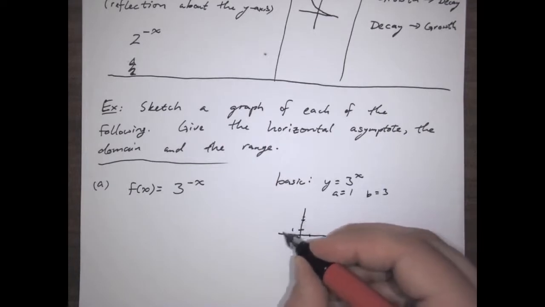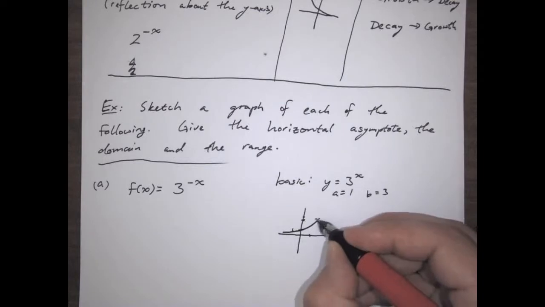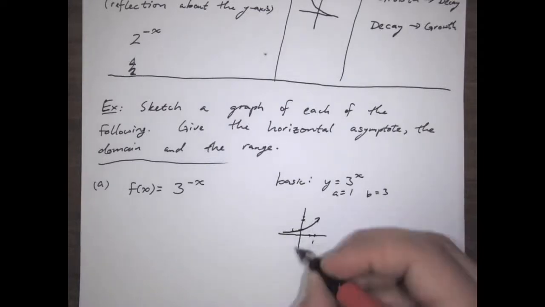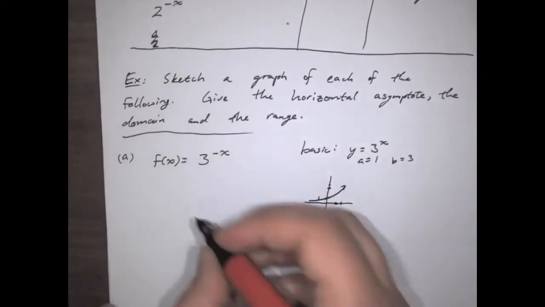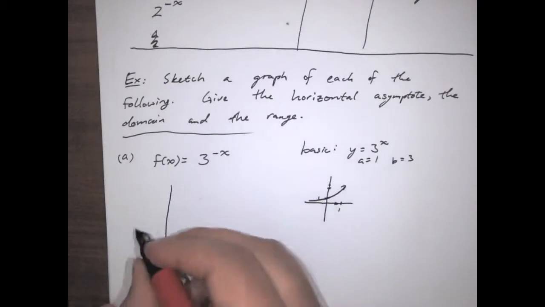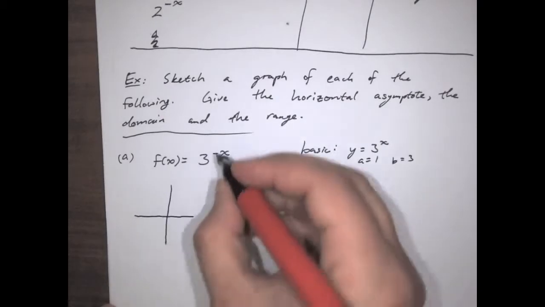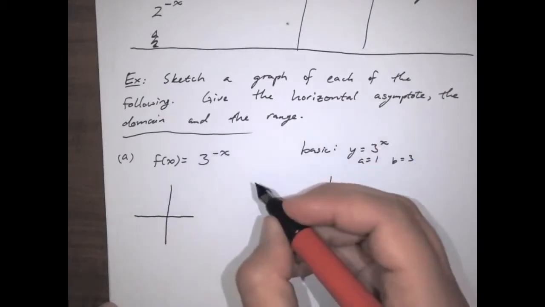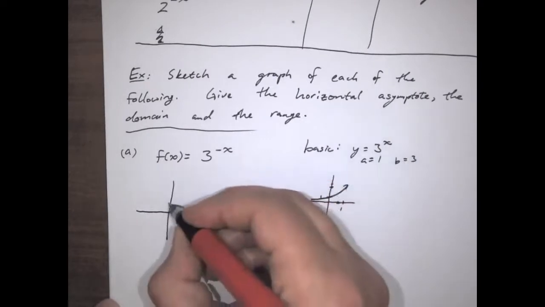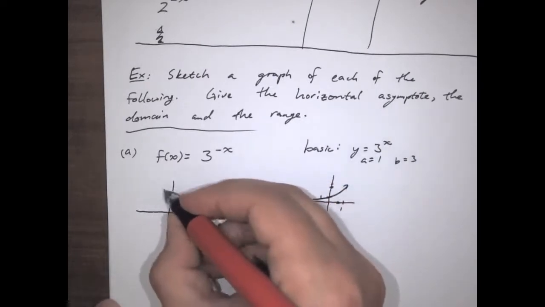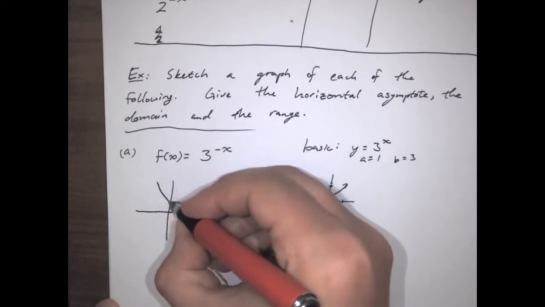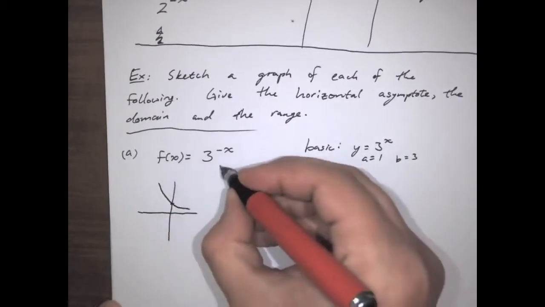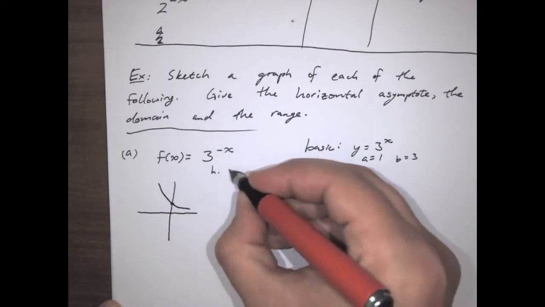It should be going like that. Anyway, it should be doing exponential growth at a rapid clip. But now what's going to be happening is that it's going to be going through 1, but backwards, because it had a horizontal reflection.